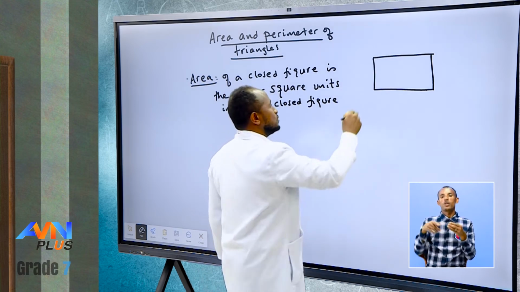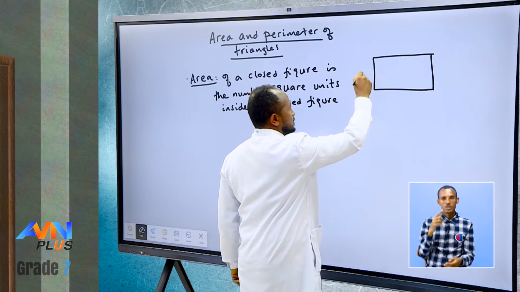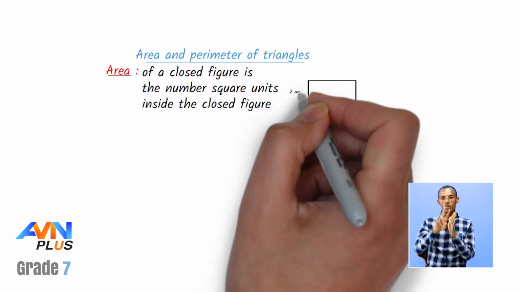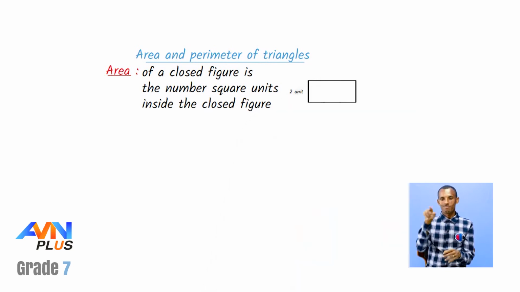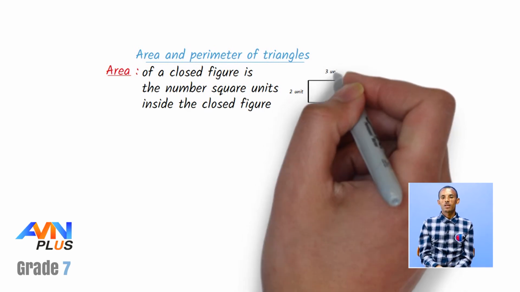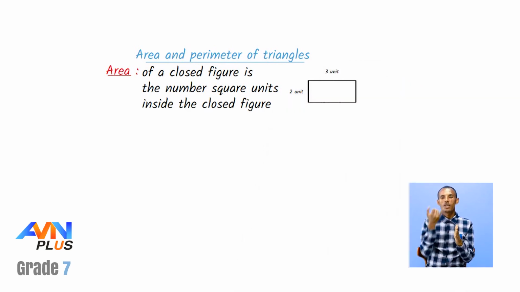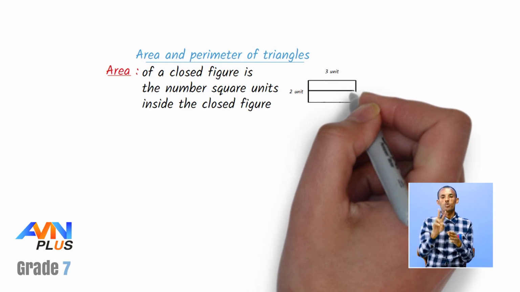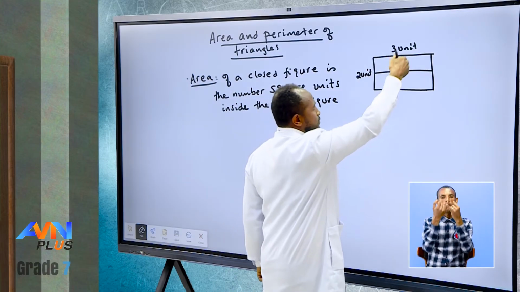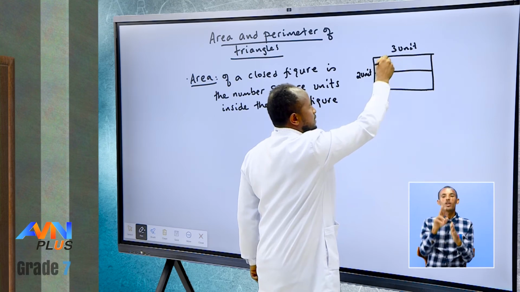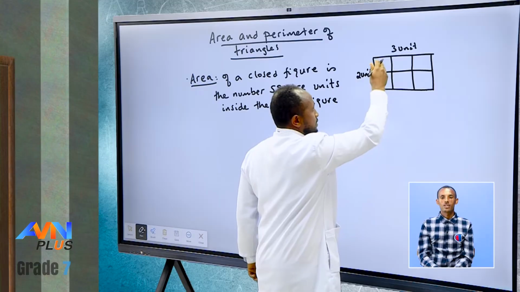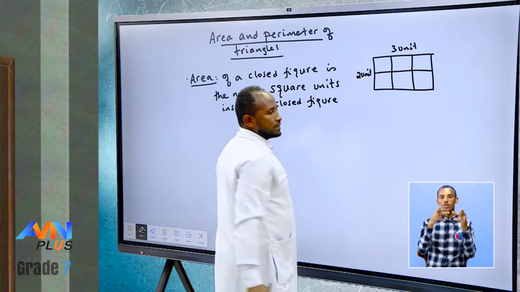Assume this side is 2 units and this one is 3 units. If you divide these into 2 pieces and 3 pieces, you have this.